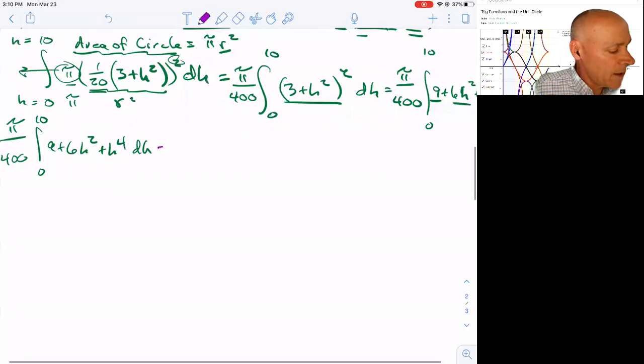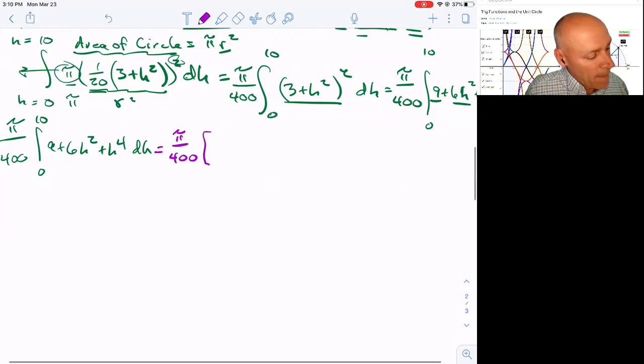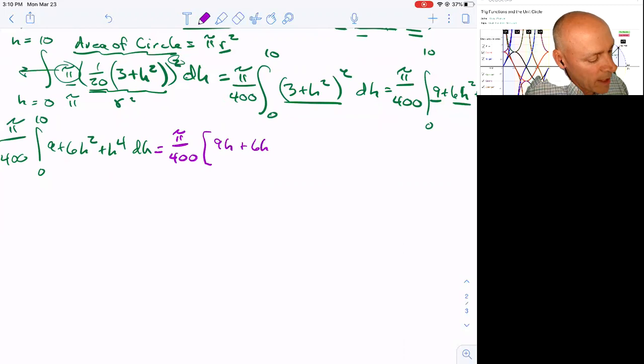FTC part 1. Don't forget the constant, pi over 400, and then the antiderivative, 9h plus 6h to the 3rd over 3. I'll reduce that in a second. h to the 5th over 5. I'm not even going to reduce that because what's the point?